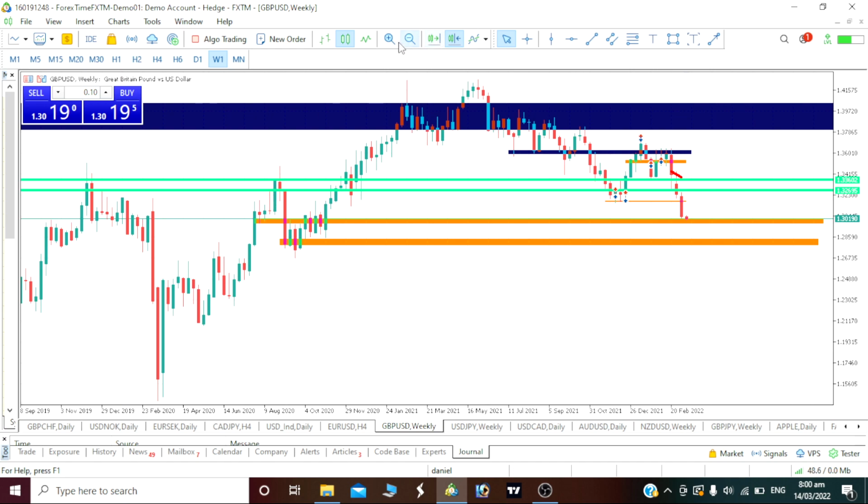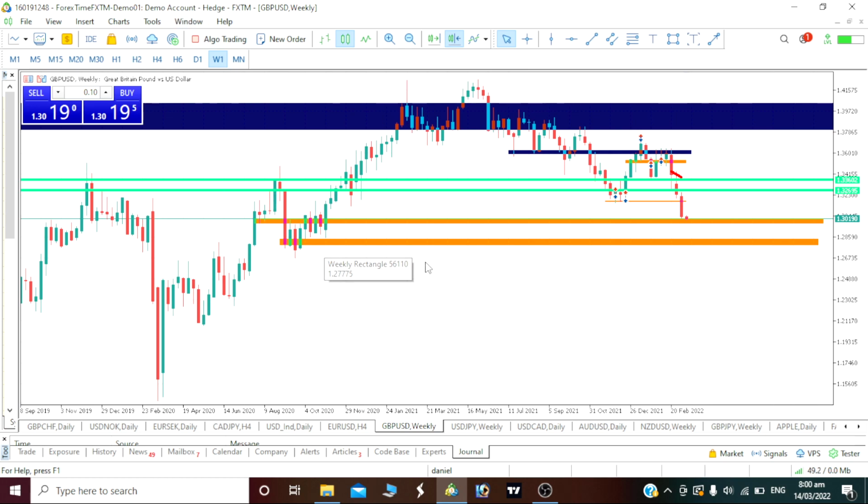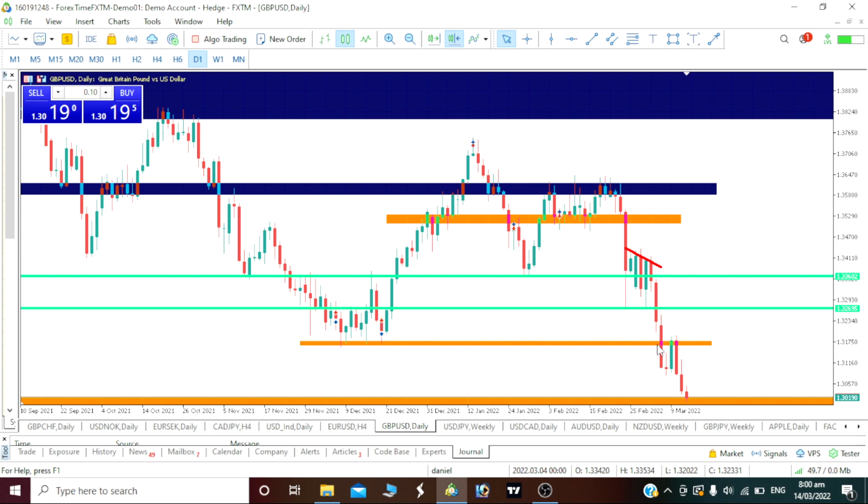On our weekly time frame, as you can see, this week we will be seeing some bearish move on our pound. On our daily time frame, it still indicates bearish. So probably when our price retraces here a little bit, you will see that push down. So we would want to be taking that push down.